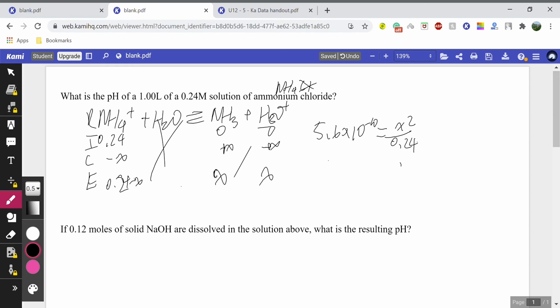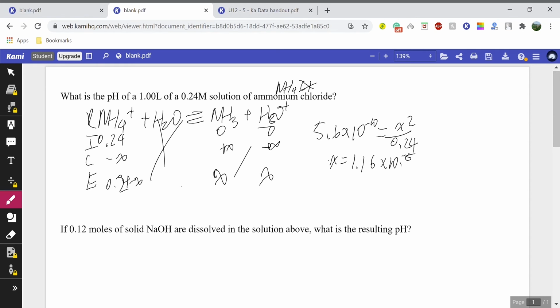Now we do 5.6 e to the negative 10th power times 0.24 and take the square root of that, which will give us an x of 1.16 times 10 to the negative 5th power. Now we can take the negative log of that to find the pH, and the pH is going to be 4.94.